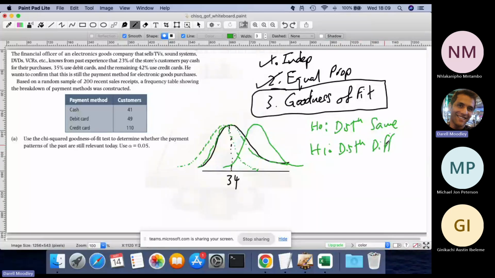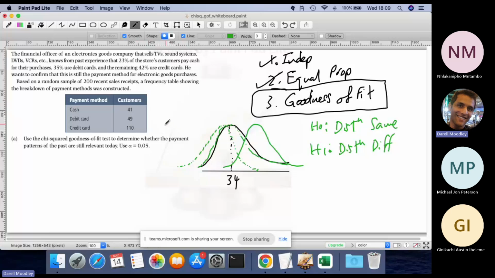And this is important, and it's used in the real world, because if it's different, you need to approach it differently. You need to take action as a business, as an institution, etc., and change things. If you look at this example here, some time ago, they took a sample of 200 people and found that 41 of those 200 paid cash, 49 paid by debit card, and 110 paid by credit card.